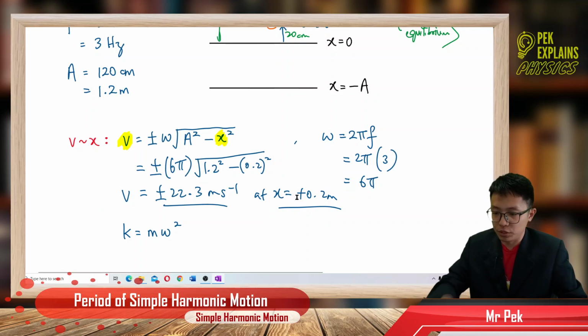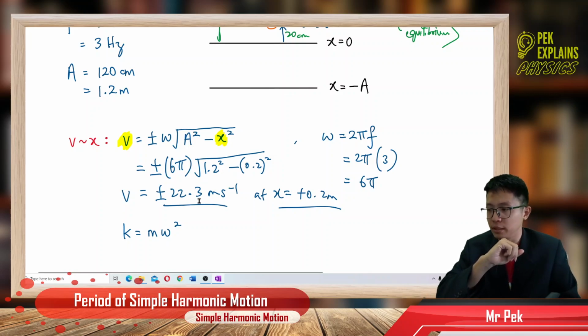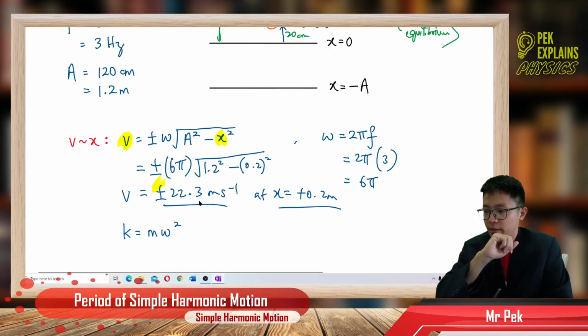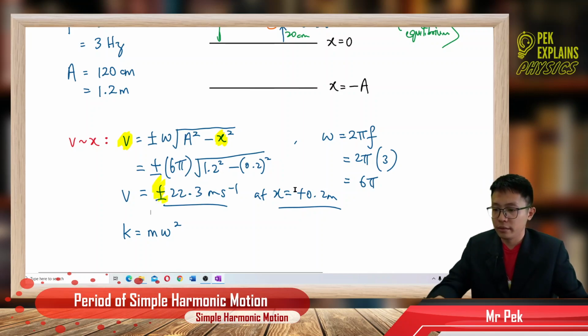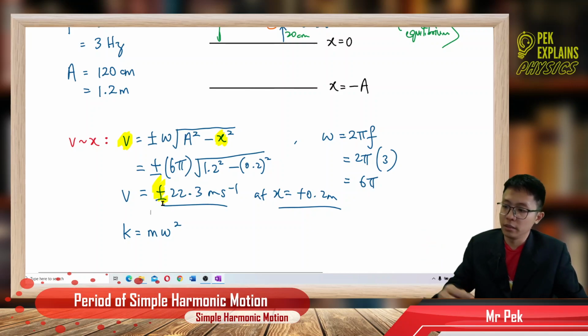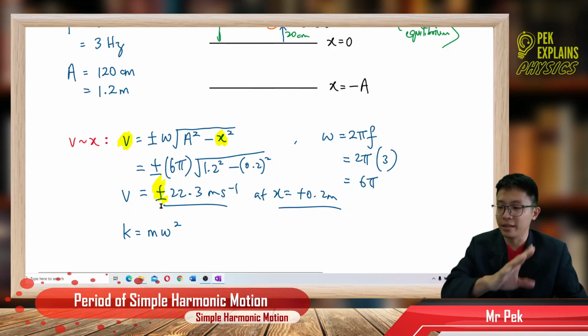That means at this position, the object can have two possible directions. Maybe at this position the object is going up, positive velocity. Maybe the object is going down, negative velocity. So if given position, we cannot determine for sure the actual direction of velocity.